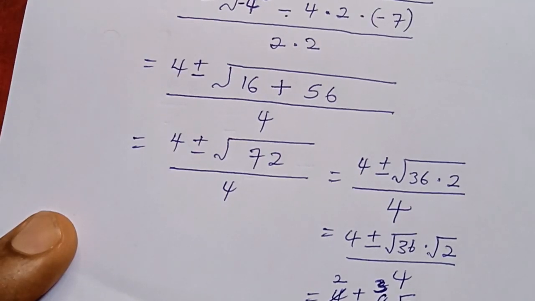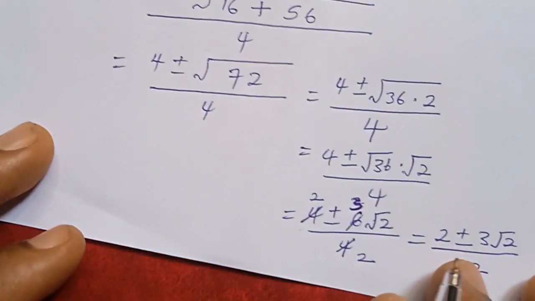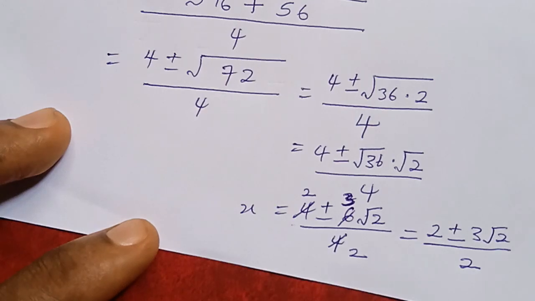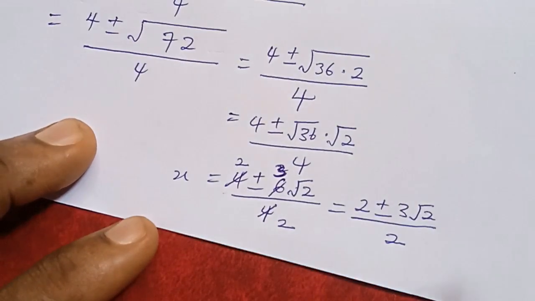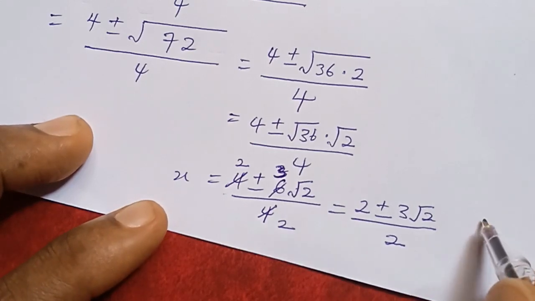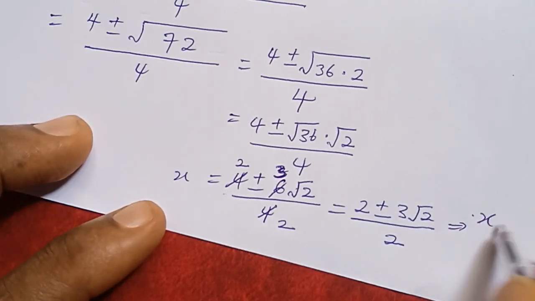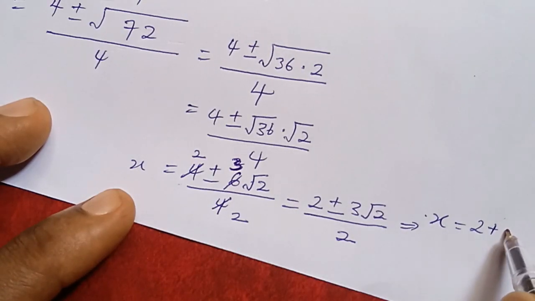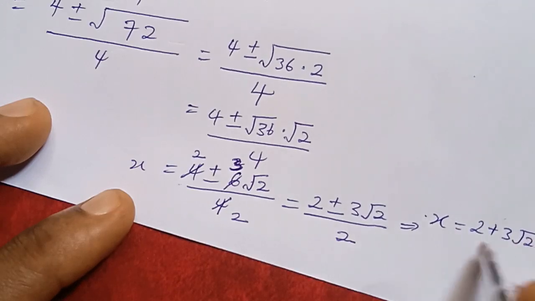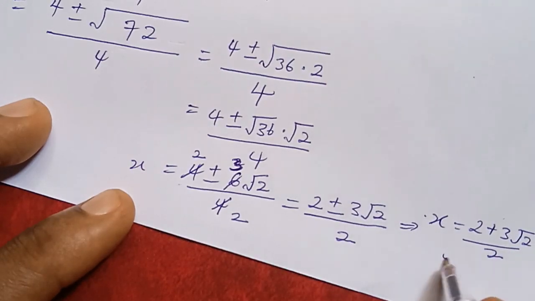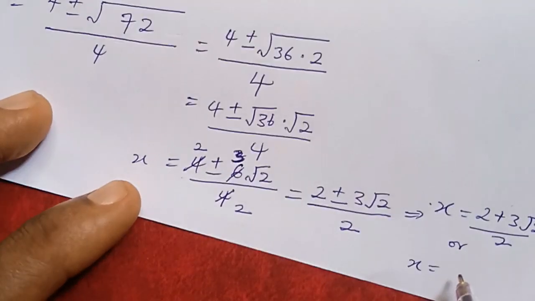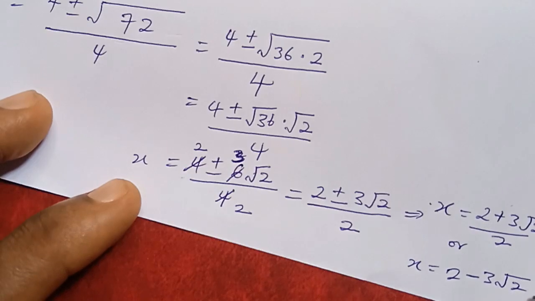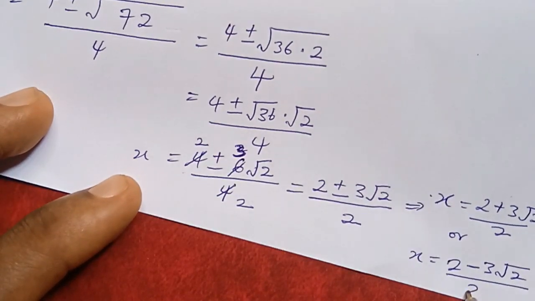So this gives us the value of x. This implies that x equals to 2 plus 3 square root of 2 over 2, or x equals to 2 minus 3 square root of 2 over 2.